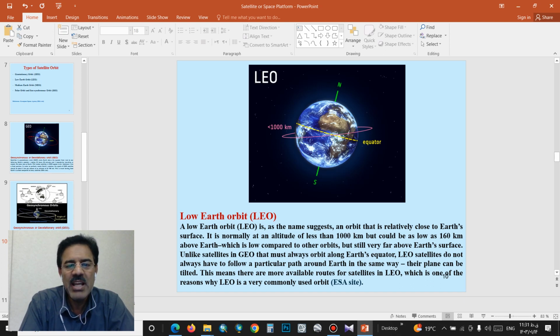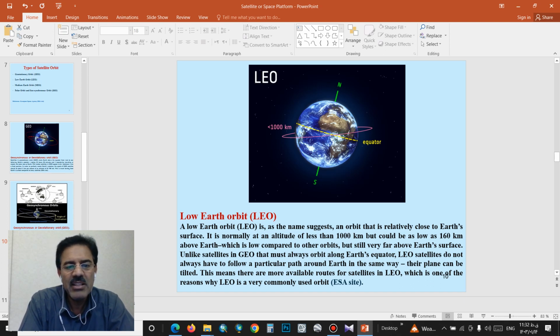It is normally at an altitude of less than 1,000 kilometers, but could be as low as 116 kilometers above Earth, which is low compared to other orbits, but still very far above Earth's surface.